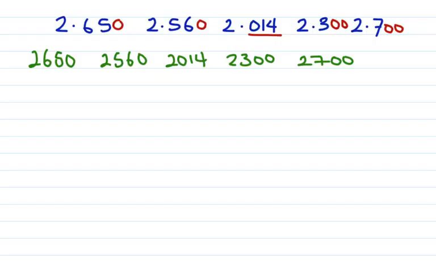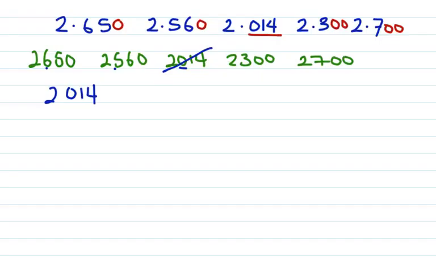I can see that they all start with 2,000, so I wouldn't even bother to look at the 2,000s. I will just go straight for looking at the hundreds, because that's where the difference is being made. This one has got no hundreds, so that must be the smallest one, 2,014. That takes care of that.